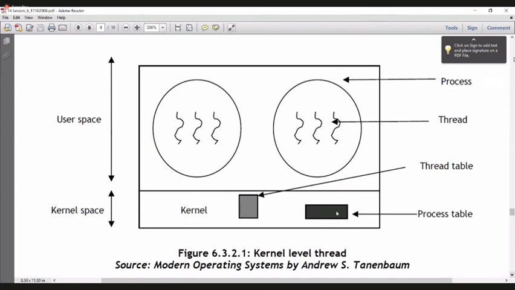So in addition to the process table, where you keep information about the two processes, information about each of these threads you have to keep here instead of in the user space. So this is the difference for kernel level threads. The user doesn't have to worry about these things. The system is handling all those issues. That's the difference between user level threads and kernel level threads.